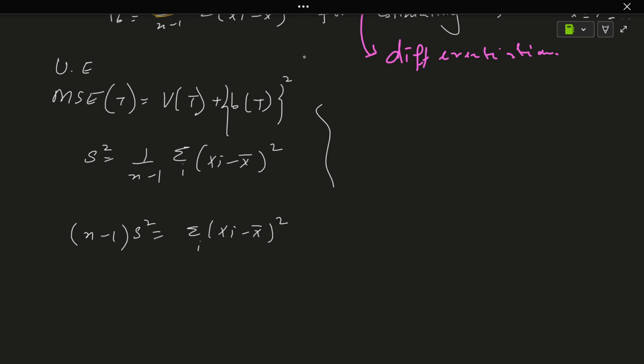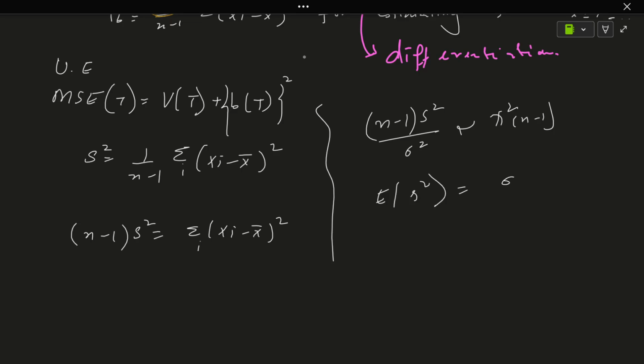And n minus 1 s square divided by sigma square follows chi square n minus 1. And if we find the expected value of s square, that is nothing but sigma square. How? Because expected value of this is n minus 1, n minus 1 will get cancelled out with this n minus 1. This sigma square will get shifted to right hand side. Expected value of s square is sigma square.